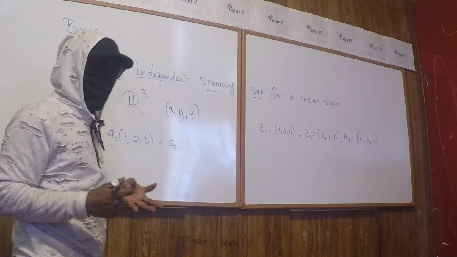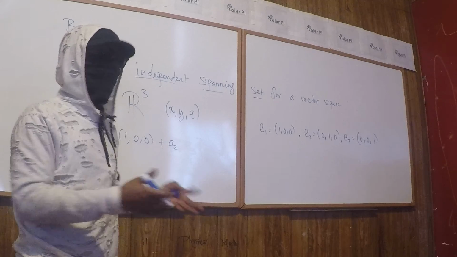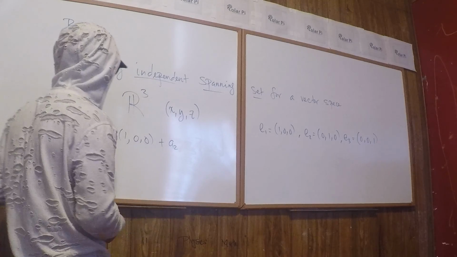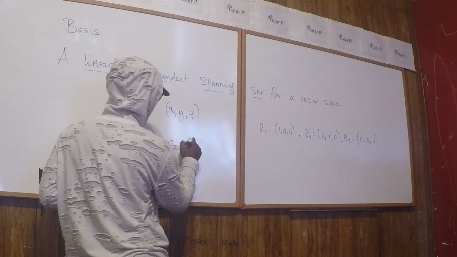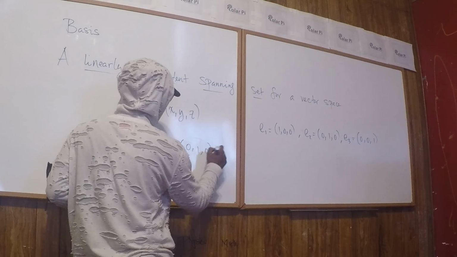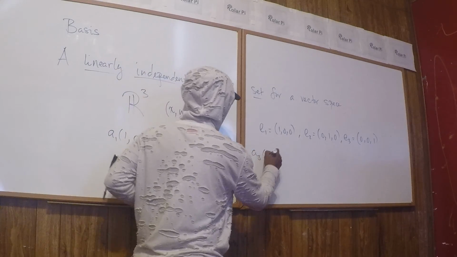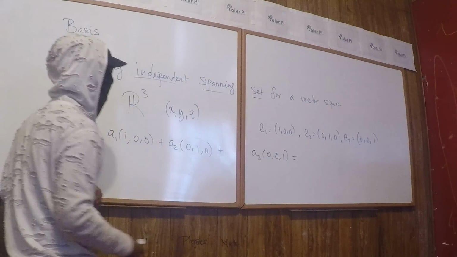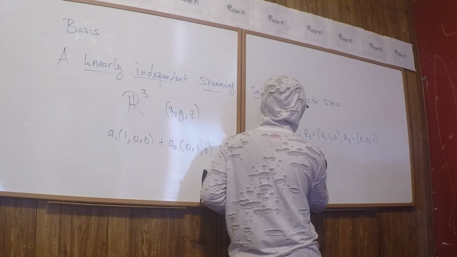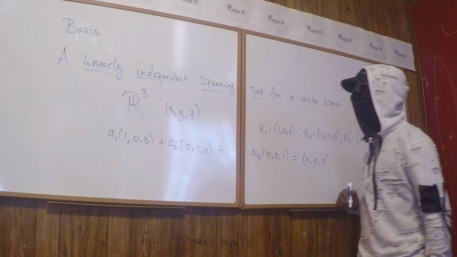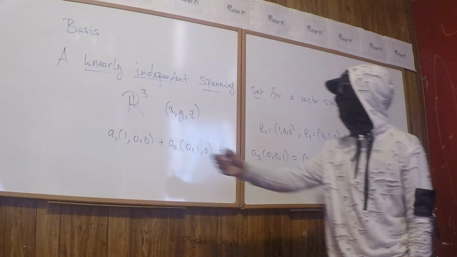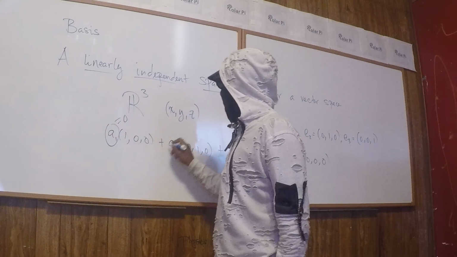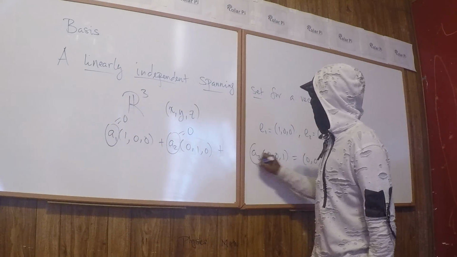So plus A2 times (0, 1, 0), plus A3 times (0, 0, 1). We want to get to (0, 0, 0) from this. The only way that you could combine these and get to (0, 0, 0) is if A1 is 0, A2 is 0, and A3 is 0.